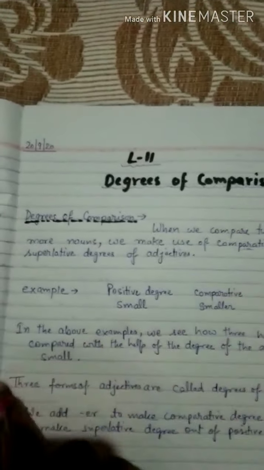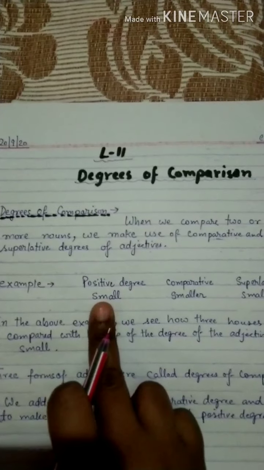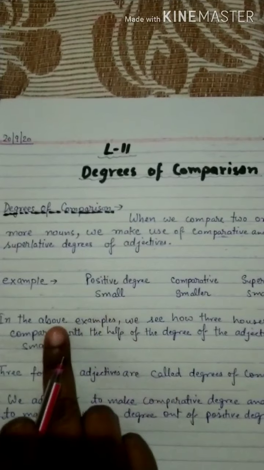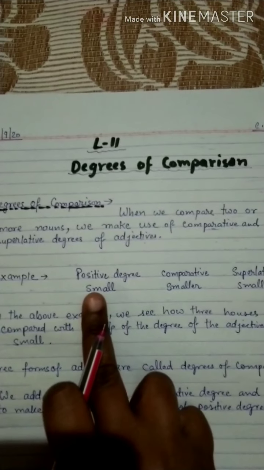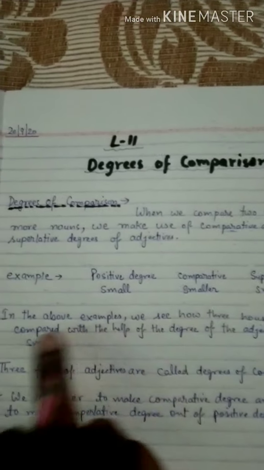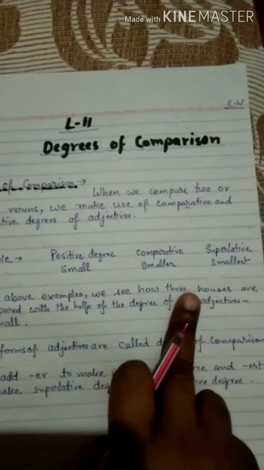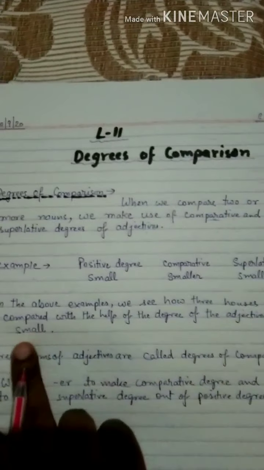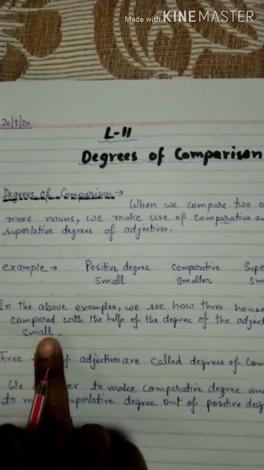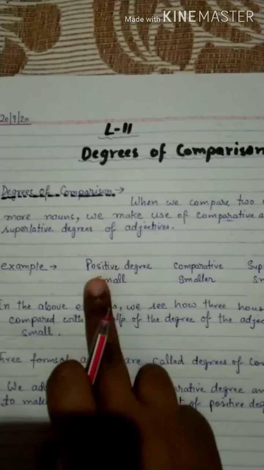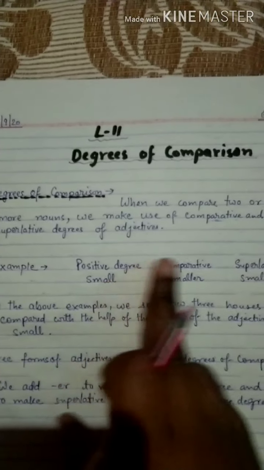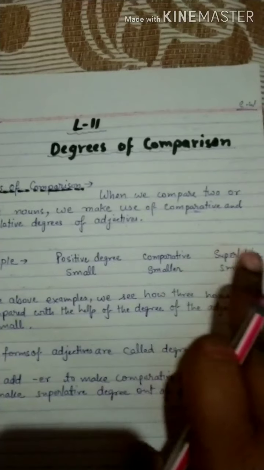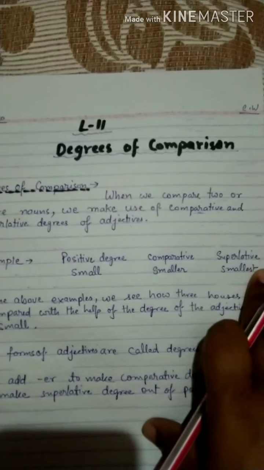In the above example, small, smaller, smallest, there are three houses given in the book. Three houses are compared with the help of degrees of adjectives, that is small. Small is the adjective which we change according to the comparison to smaller, and in the superlative, it will be the smallest.